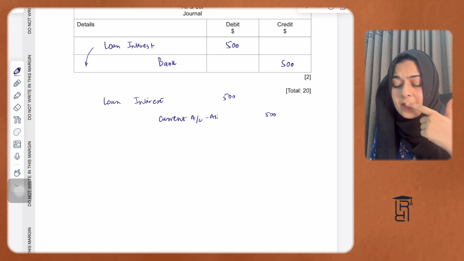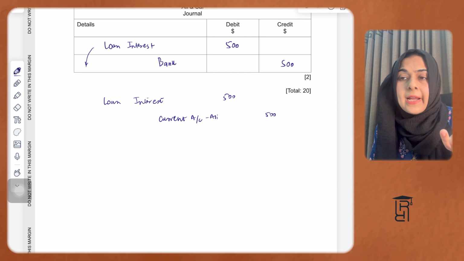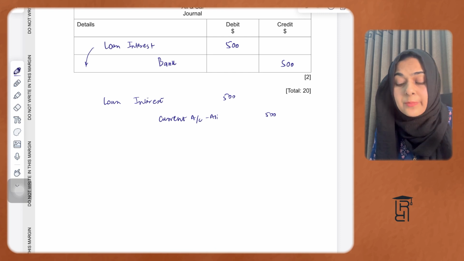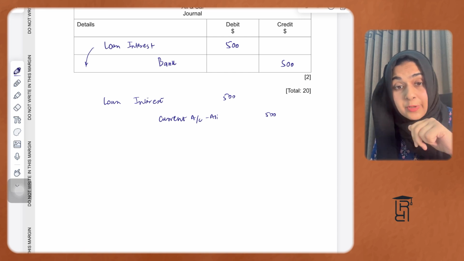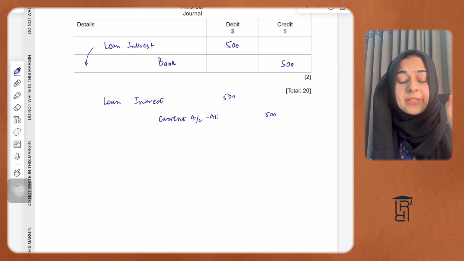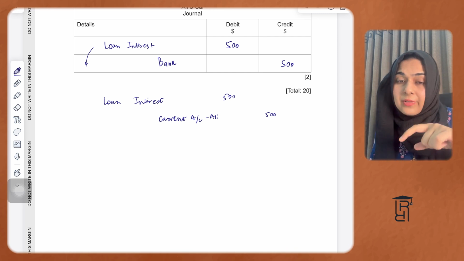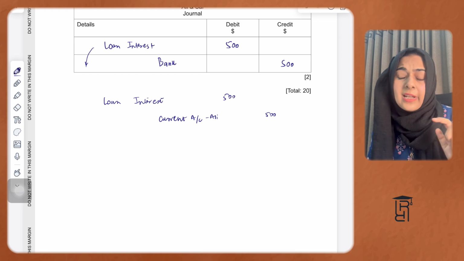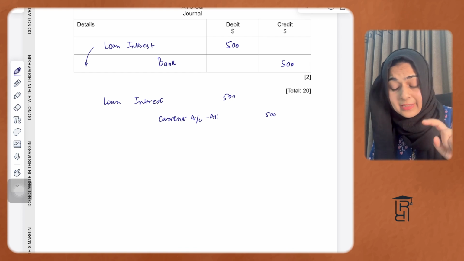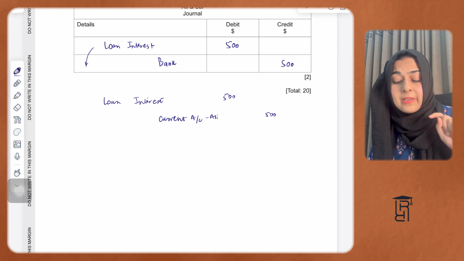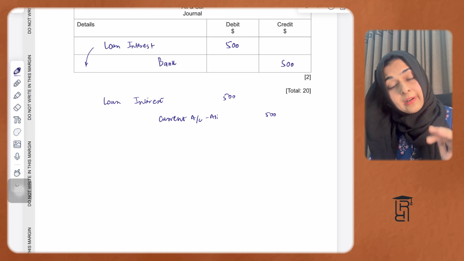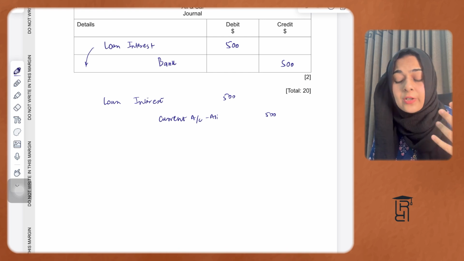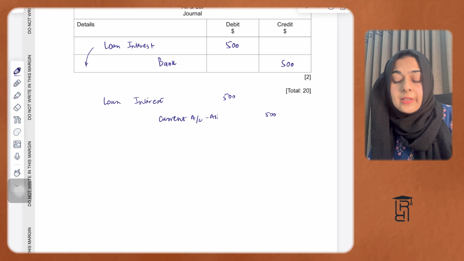In a normal case, if it was a bank loan and the interest had been incurred but wasn't paid, the amount owing would have been recorded as other payables in the current liabilities section of the statement of financial position. But if it's Ali's loan, because Ali is a partner providing a loan to the partnership, and his interest is owing, then you need to credit Ali's current account and increase Ali's capital instead, because we did not pay the interest to him.